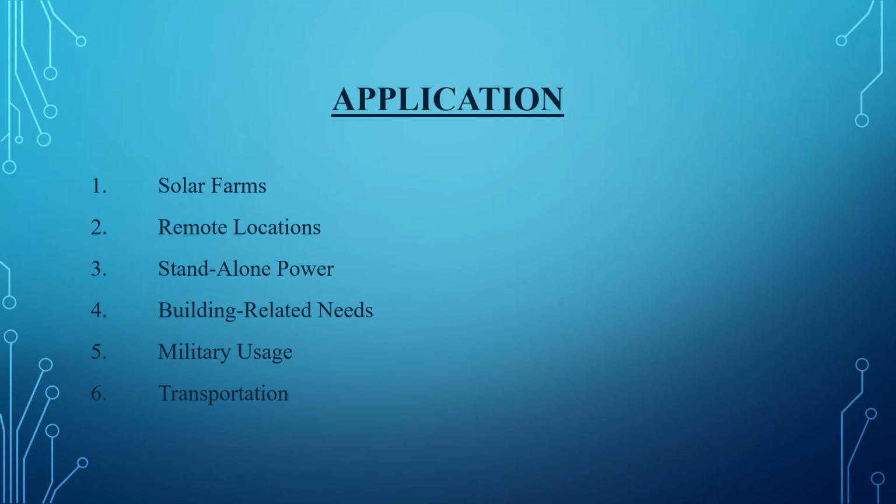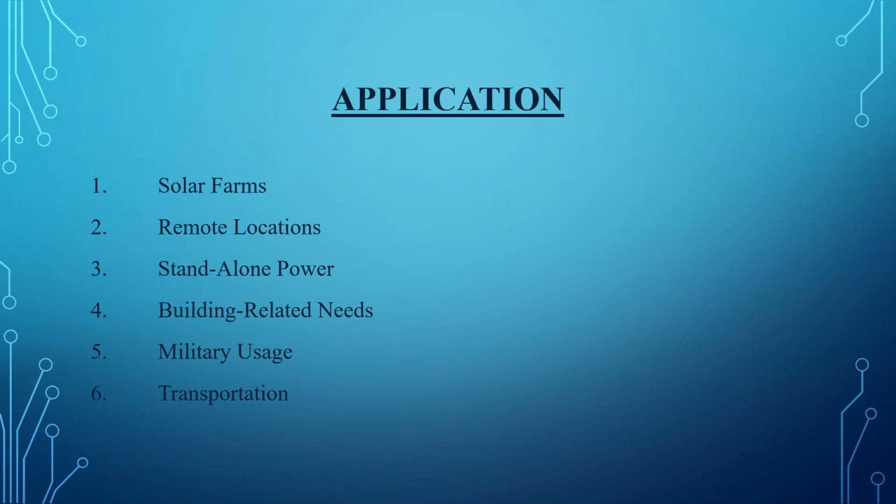Thank you, Gourik Datta. My part is the application of the solar PV cell. Various kinds of applications of solar PV cells. These are solar farms. Many acres of PV panels can provide utility-scale power from tens of megawatts to more than a gigawatt of electricity.